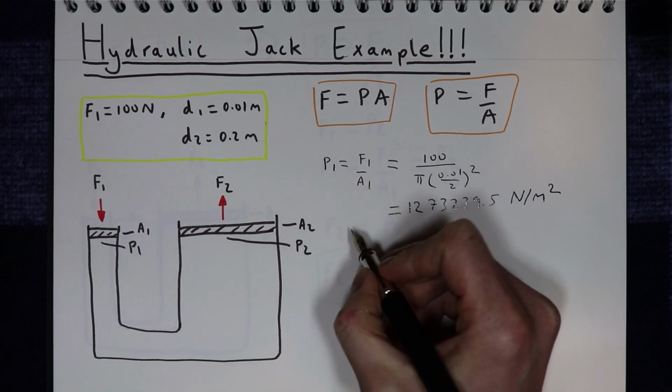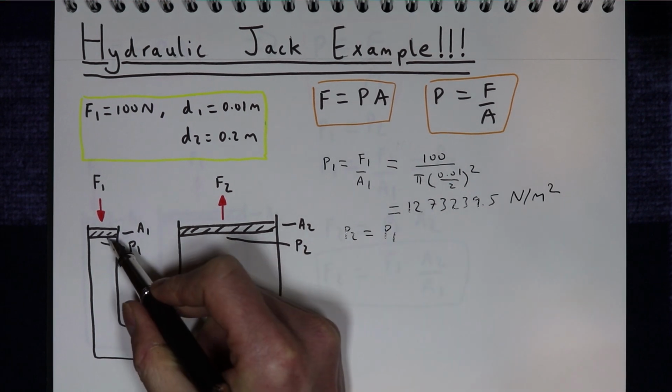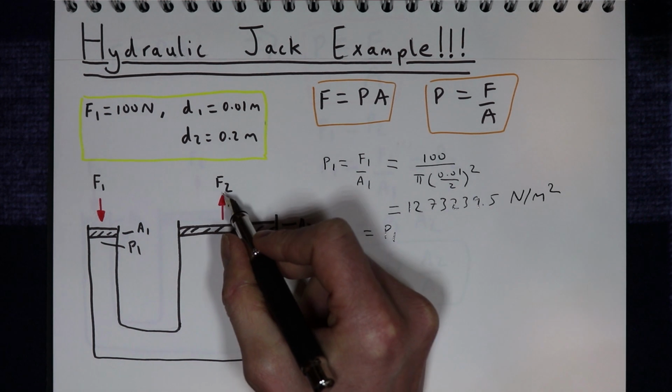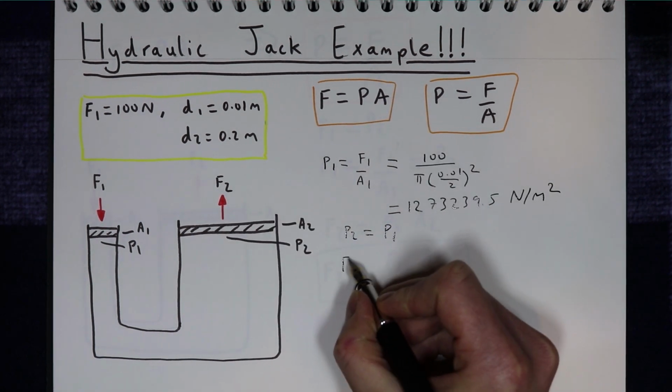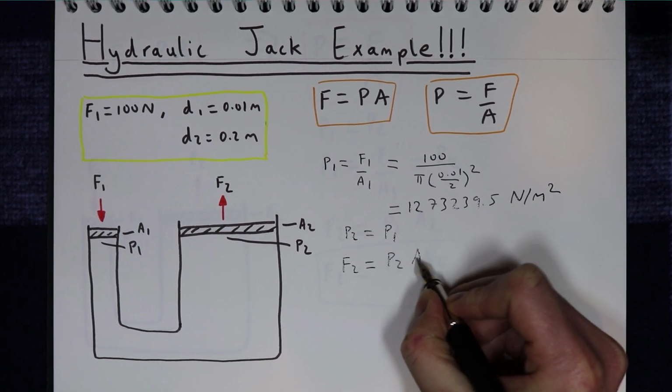And we can remember that P2 is also equal to P1. So that pressure under the first piston is the same as the pressure under the second piston. So we can then ask, what is this force F2 going to be? Well, force is pressure times area, so F2 is going to equal P2 times A2.